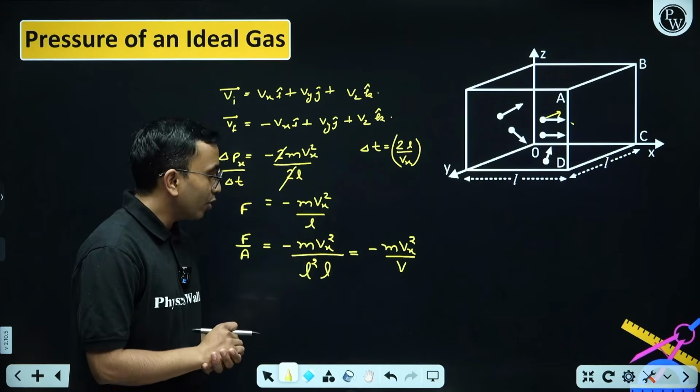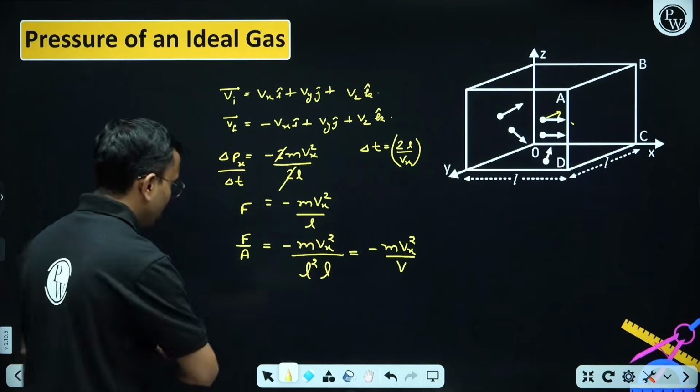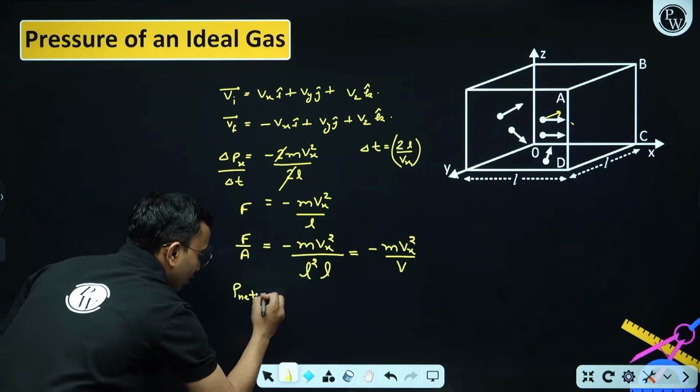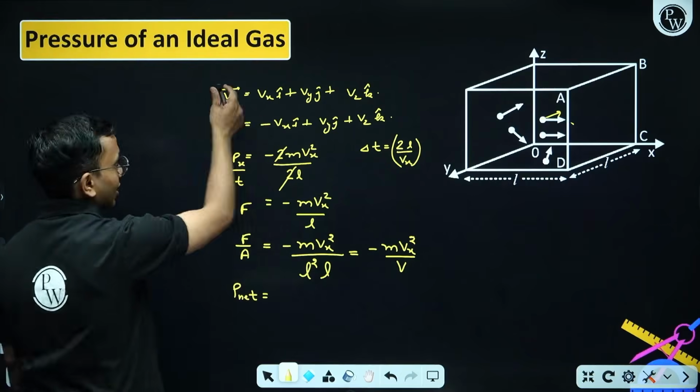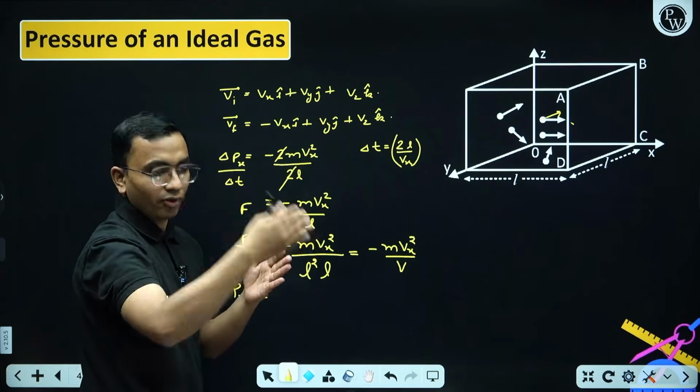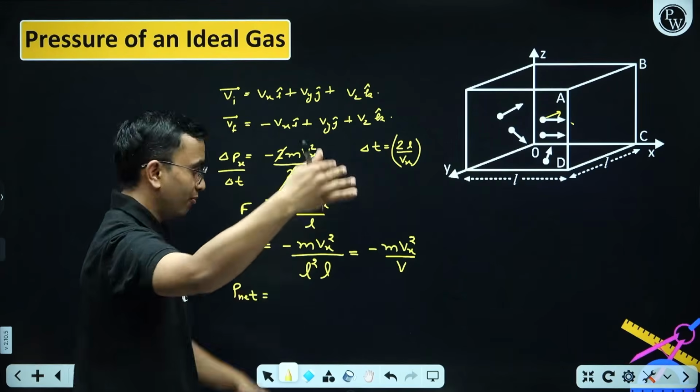Now if I ask you how much is the total pressure due to all the molecules: this was due to the velocity of the first molecule, then for the second molecule also, third, fourth, like that.